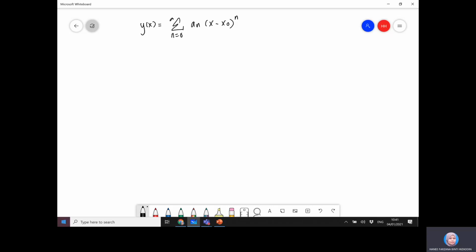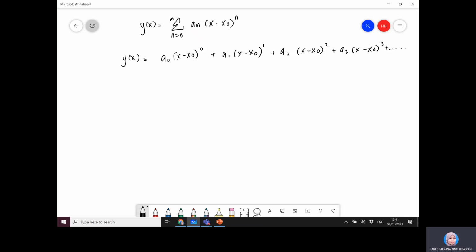Now you have y of x equal to this term. We can expand this y of x for several terms, starting from n equals 0. So you have a naught times (x minus x naught) to the power of 0, plus a1 times (x minus x naught) to the power of 1, plus a2 times (x minus x naught) to the power of 2, and I will stop at a3, and so on.